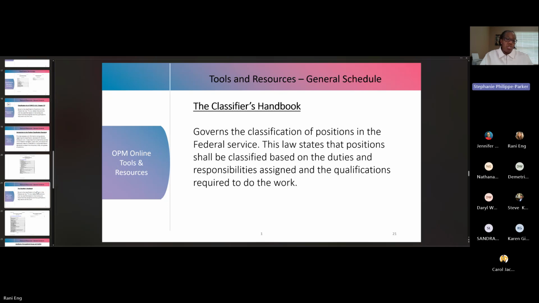The Classifiers Handbook in general just governs the classification of positions in the federal service. It's a law that states that positions shall be classified based on the duties and responsibilities assigned and the qualifications required to do the work.